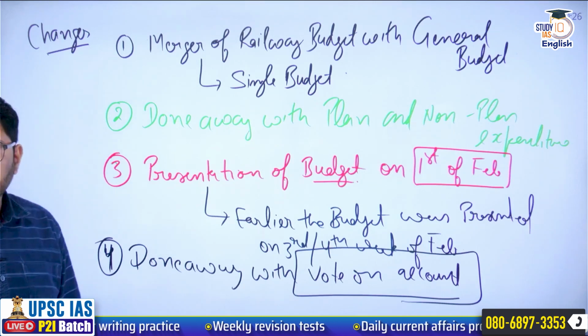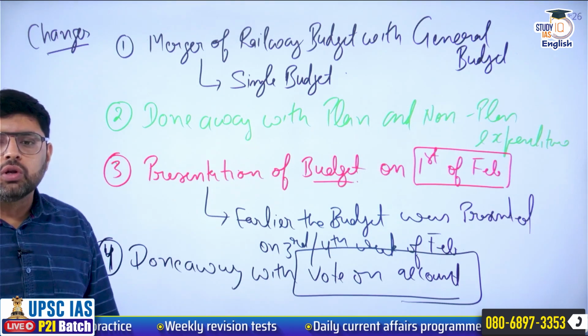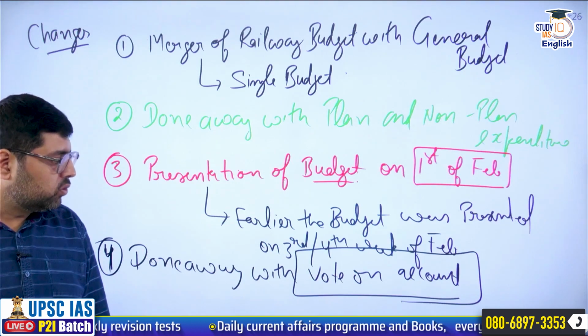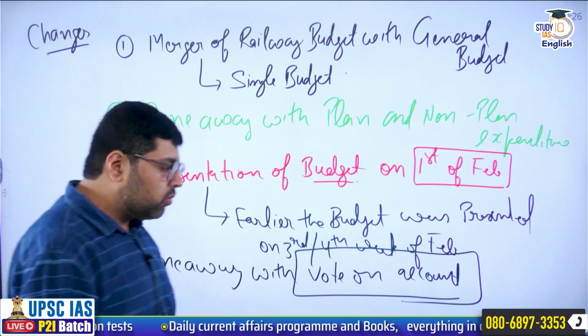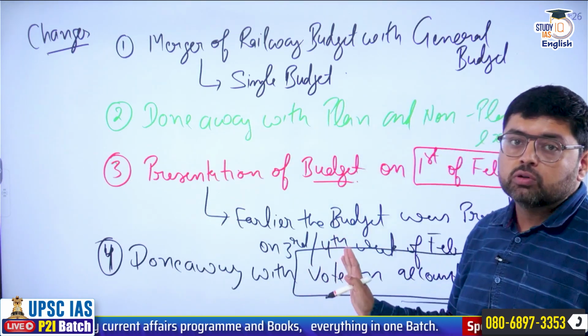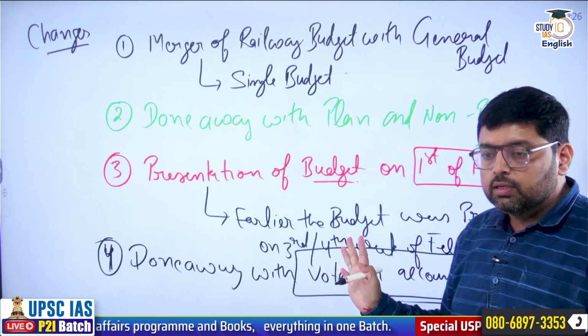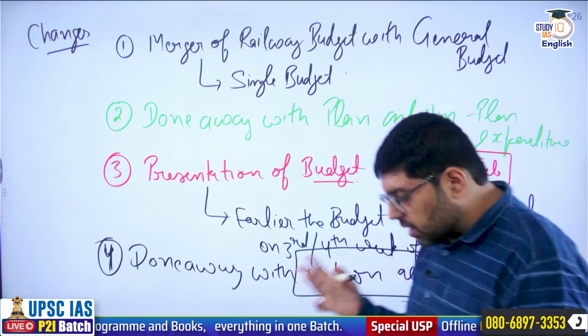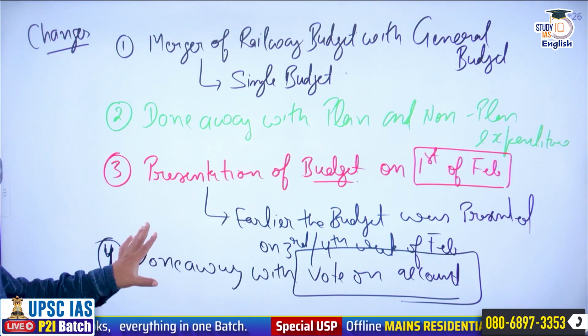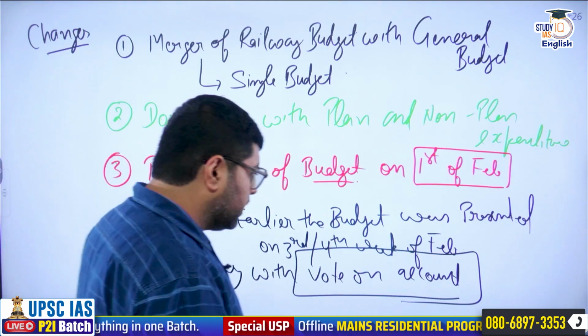We have done away with vote on account, so we are over with it. So what is vote on account, and why have we done away with it? You have to tell me in the comment section. The answer for this I'll tell you in my coming videos. So please watch these videos, it will really help you out.